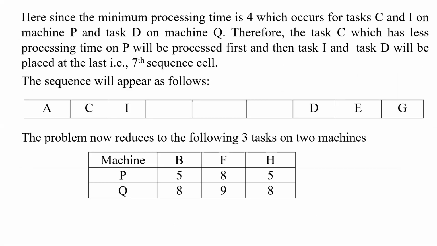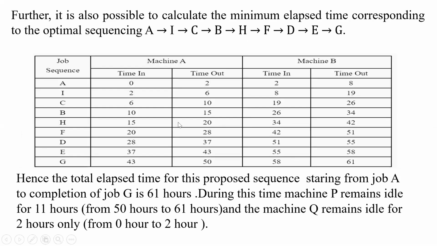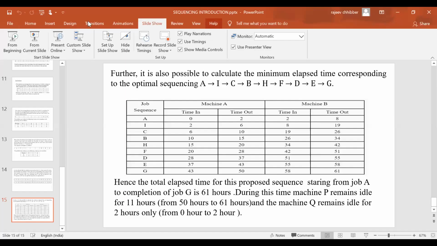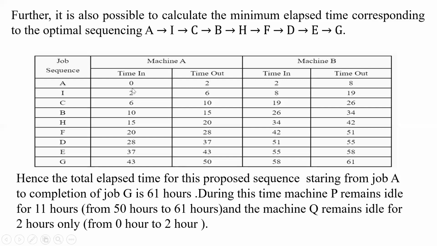And I, as soon as it gets finished, the time out is 2, and the another task will be arranged onto machine A, and it will be finished in 6, then 6, it will be finished in 10, then 10, it will be finished in 15.